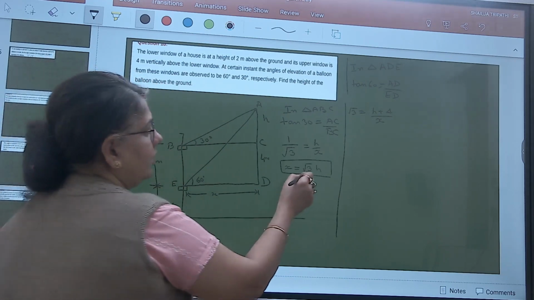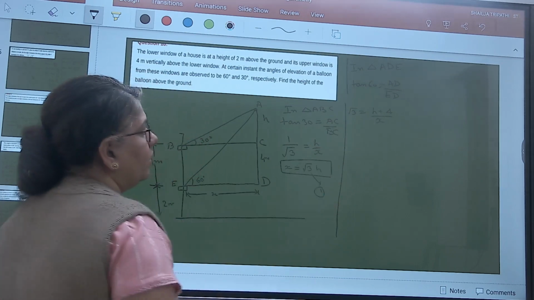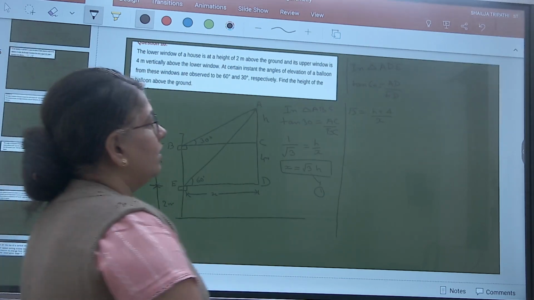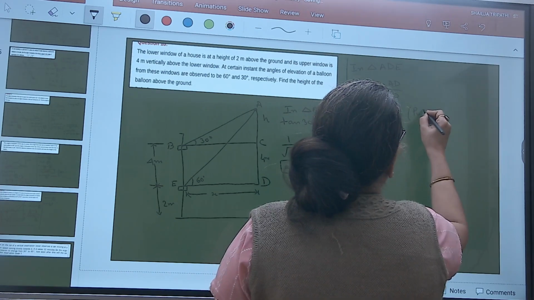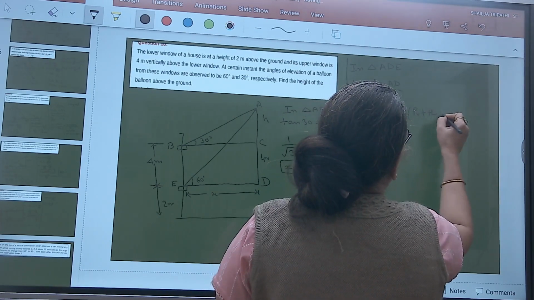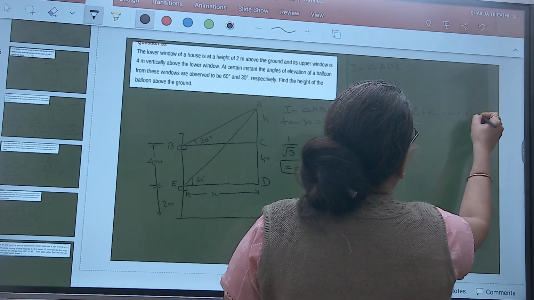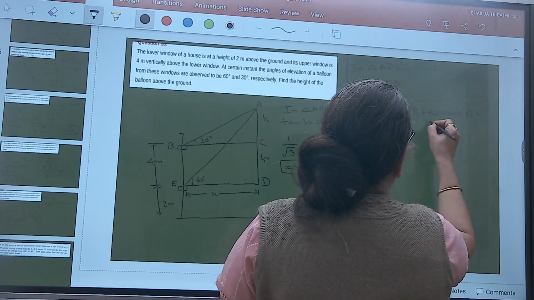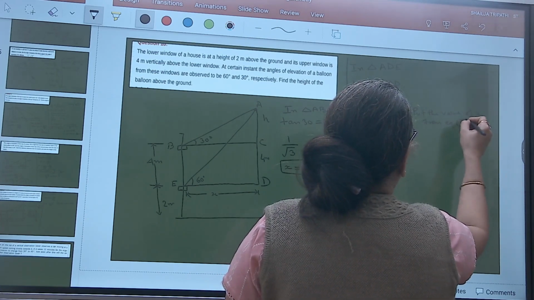Now from this relationship that we got here, we can put the value of X from equation 1.